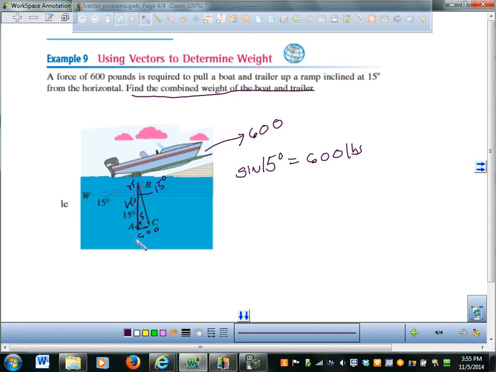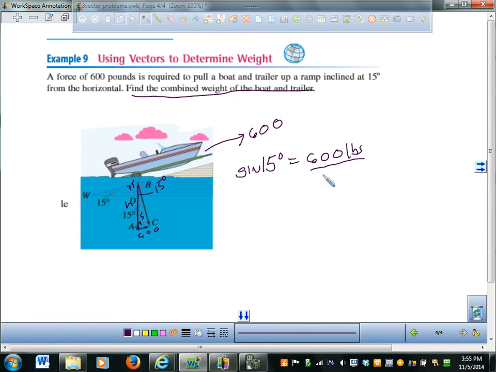This is the force of the weight of the boat and the trailer going down. So sine of 15 degrees is equal to 600 opposite over hypotenuse, which is what we want.